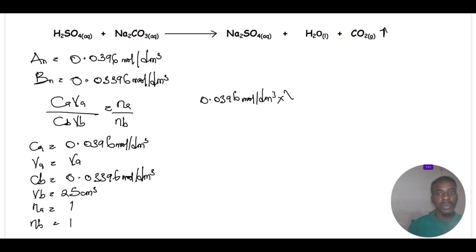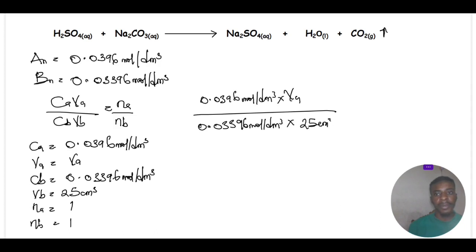Your VA is what we're looking for, over VB, which is CB, 0.03396 mole per dm cube, times 25 cm cube, equals 1 all over 1. All right, these units will cancel each other.